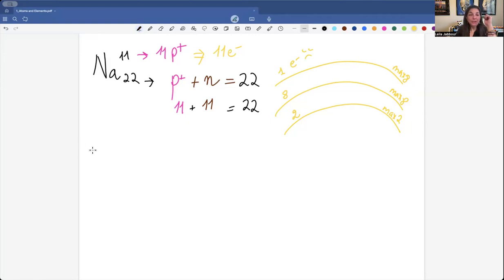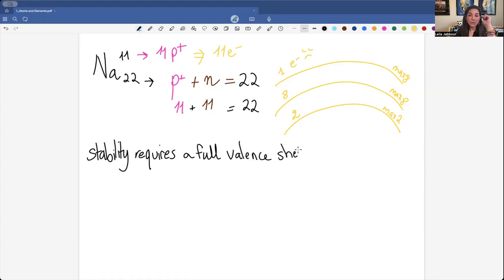So for stability requires a full valence shell. So what's a valence shell? It's the last shell filled up. We need to fill up whatever shell we are leaving with some electrons. It needs to be full.